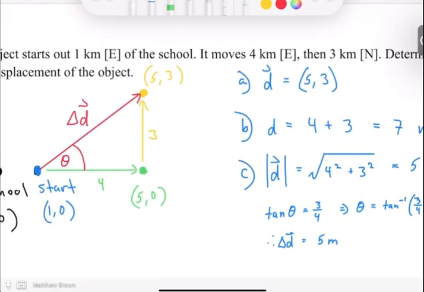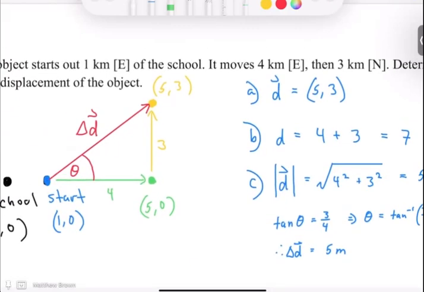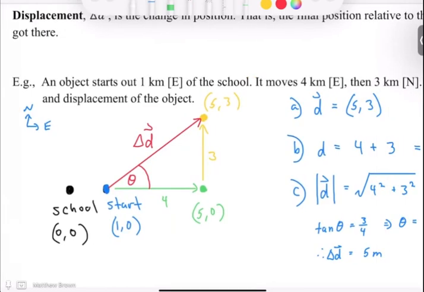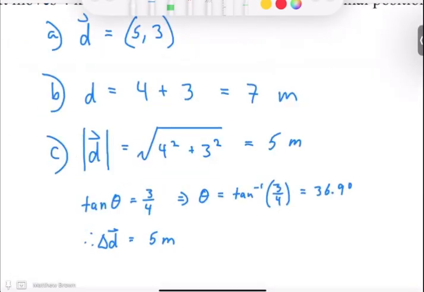So here's where I have to be very careful about the angle. Remember, this direction was east and this direction was north, which I'm using both of these as positive in my calculations. So this angle here means if I start out pointing east, I go 36.9 degrees toward north. I go in that direction. So that's the way I will report this.